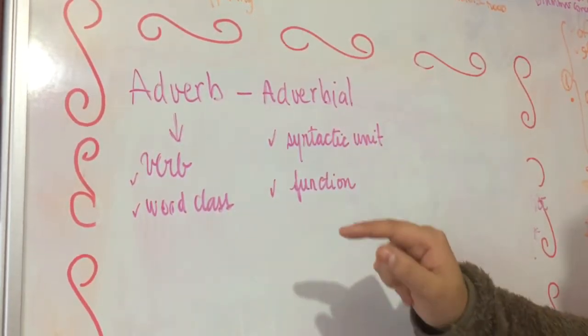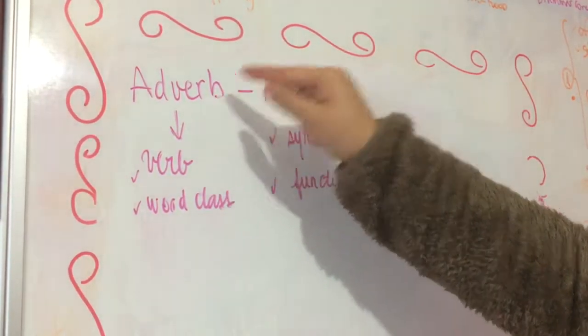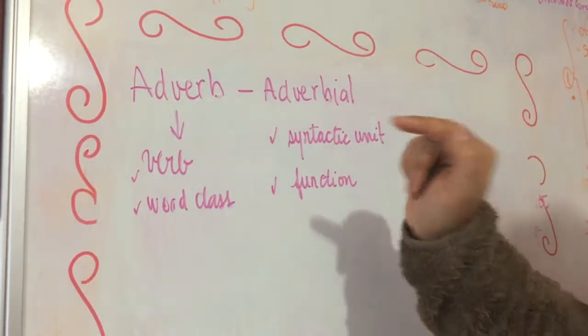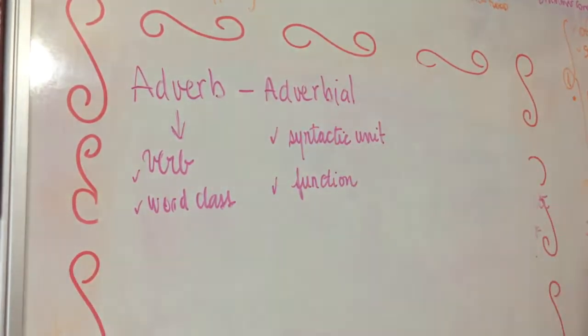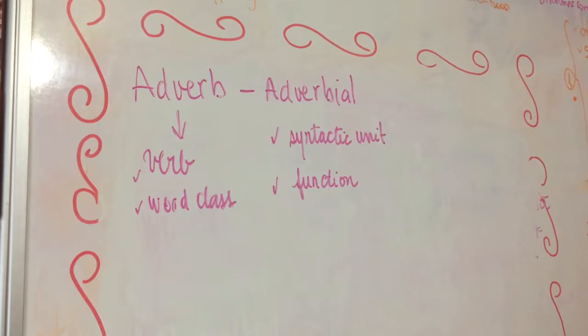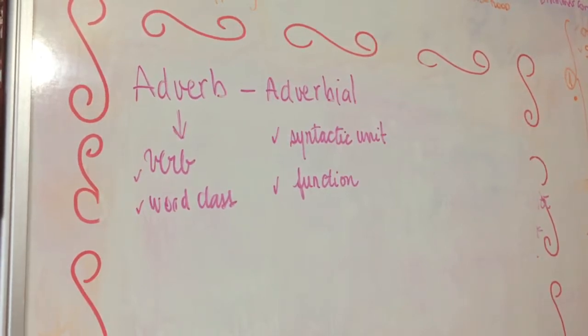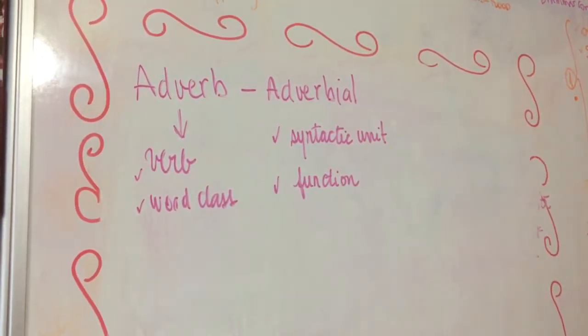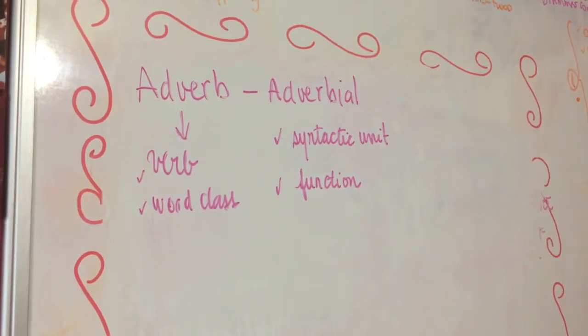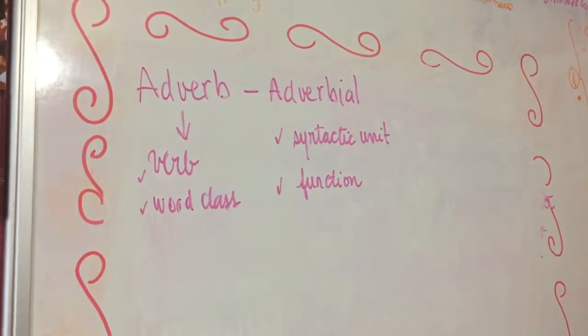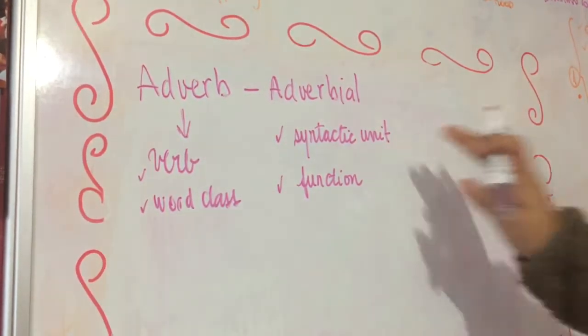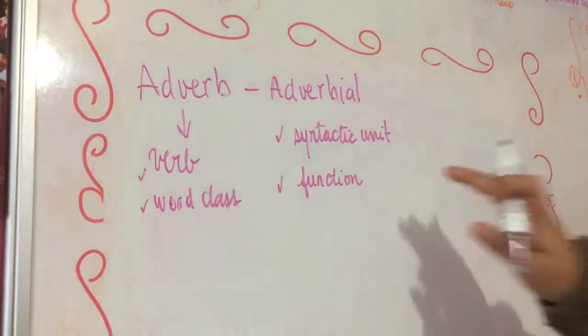The adverb is completely focused on the verb, and this is a word class. The adverb modifies the verb, the adjective, even the whole sentence. Meanwhile, the adverbial is a syntactic unit. It expresses a function.